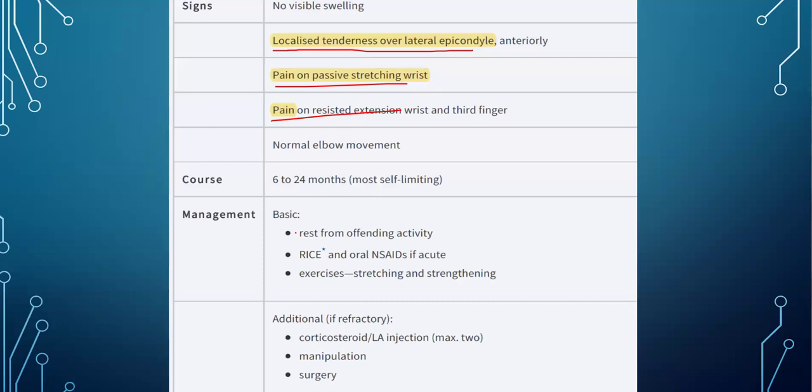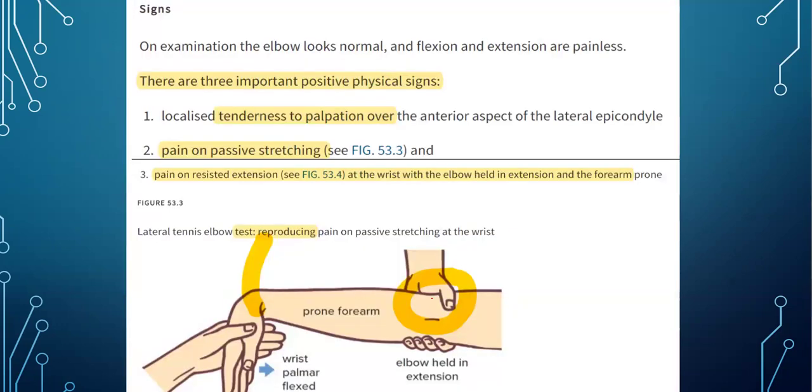So initial treatment is rest from the offending activity. You can also ask them to apply ice, sometimes compression or elevation. You can give them some painkiller like paracetamol or an NSAID, and then send them for exercise. Okay. Sometimes we also ask the patient to put on a below elbow pad.